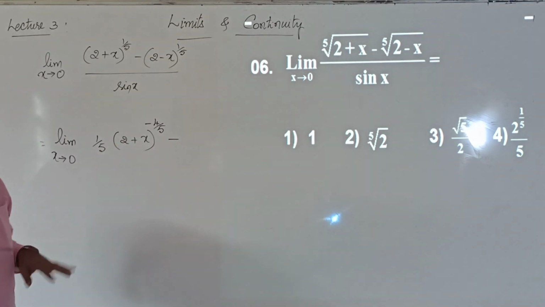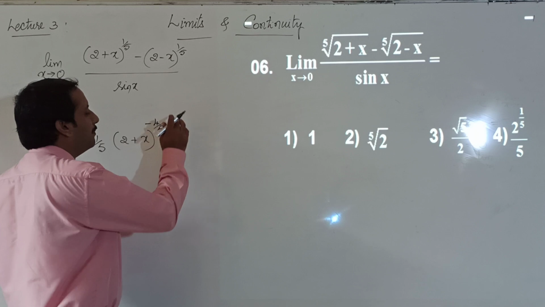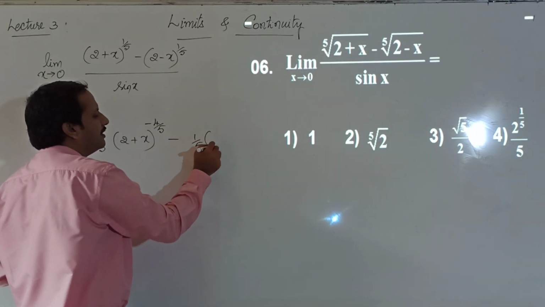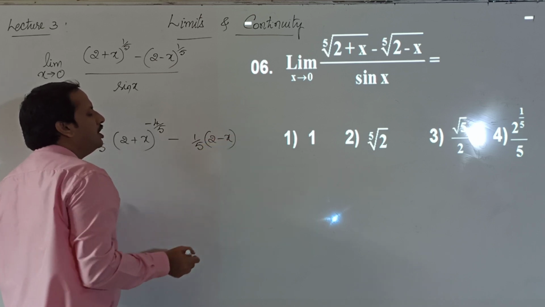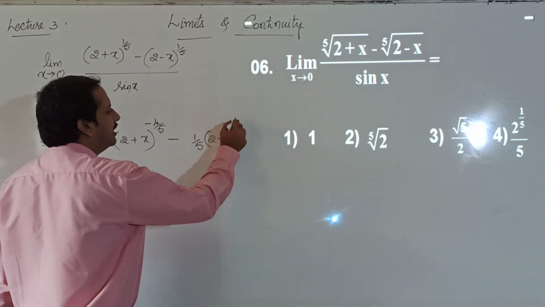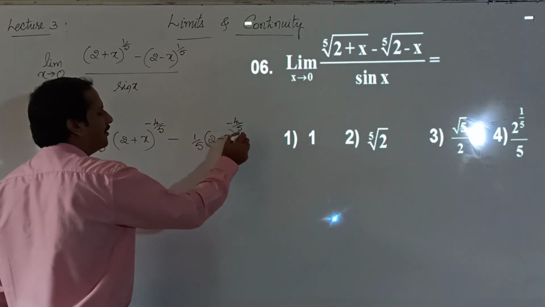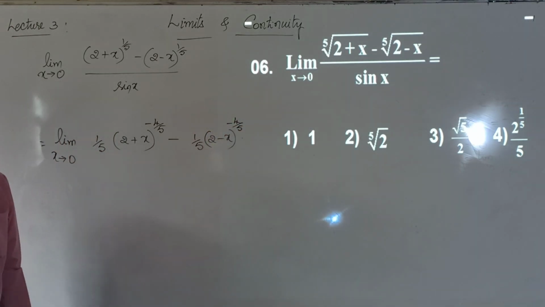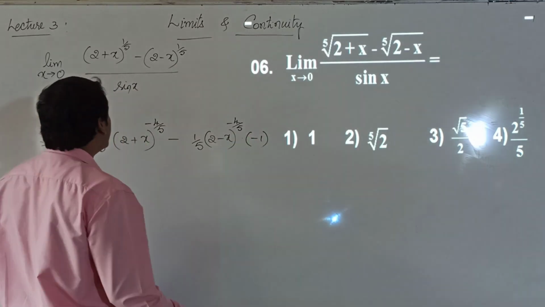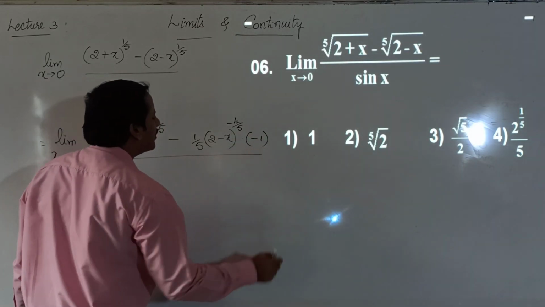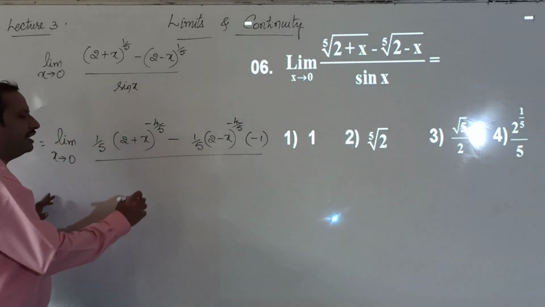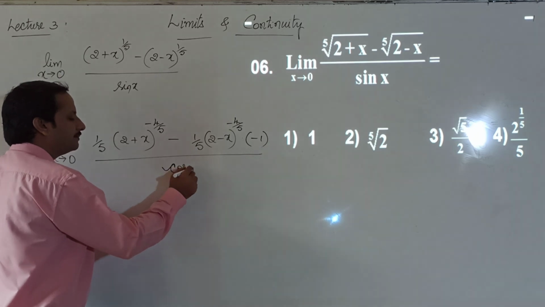Derivative of 2 plus x is 1. 0 plus 1 is 1, minus the derivative of the second term, that will be 1 by 5 into (2 minus x) to the power 1 by 5 minus 1. 1 by 5 minus 1 is minus 4 by 5, into the derivative of 2 minus x. Derivative of 2 minus x is minus 1. Okay, let's have a look at the denominator. In the denominator we have sin x and its derivative is cos x.